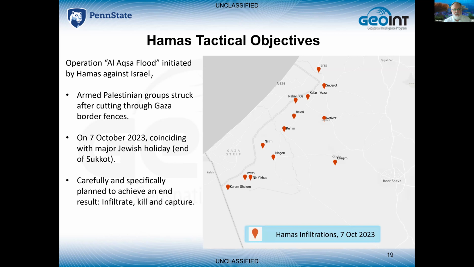And their tactical objective apparently was to infiltrate, kill, and capture. And this occurred on the end of a major Jewish holiday as well. This is where they infiltrated these towns, as located with the red symbols here.